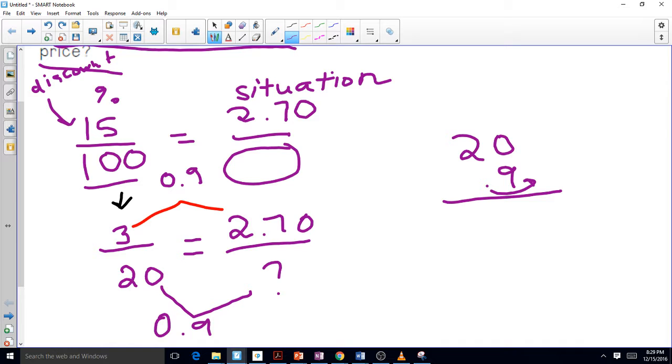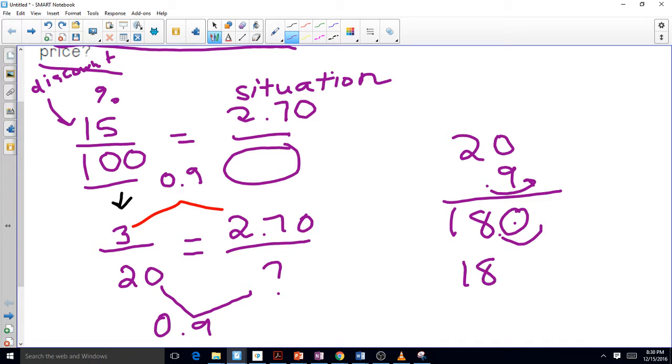And so when I multiply by powers of 10 and the decimal moves over, I know that 9 times 0 is 0. And I also know that 9 times 2 is 18. Since I multiplied it by 10, I also have to go back and divide it by 10.